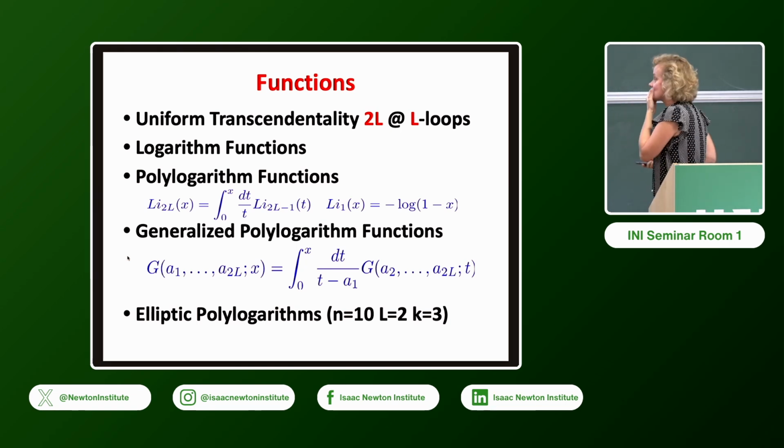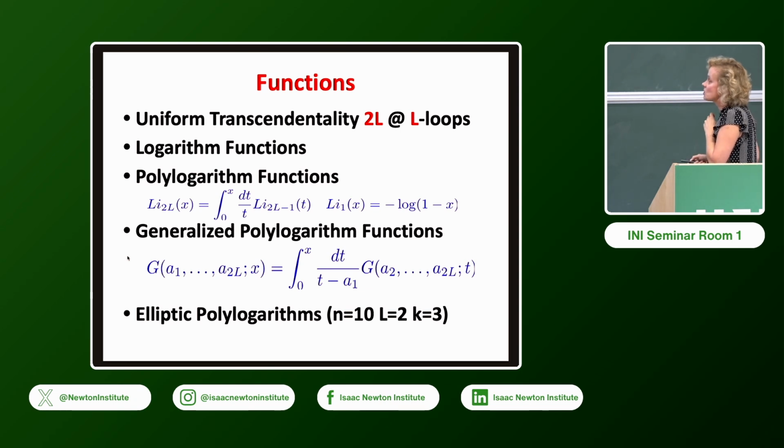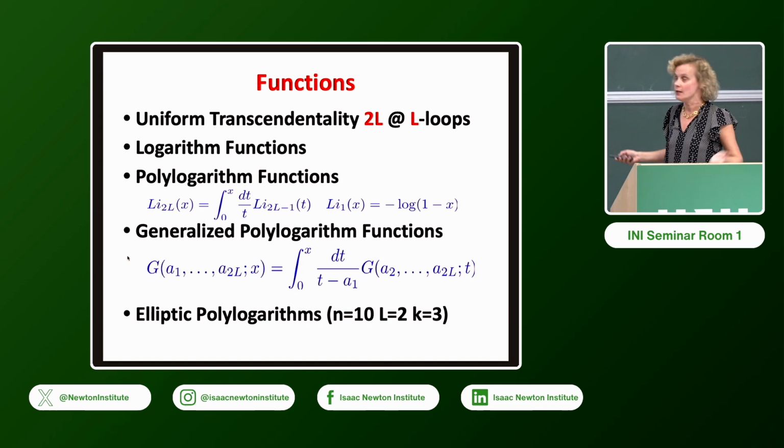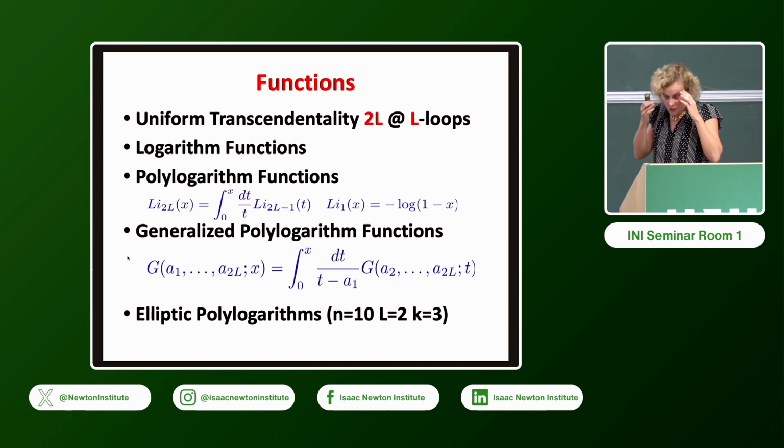This would be a subject by itself. But these elliptic polylogs are absolutely crucial for anything. Anytime you need to do an integral in QCD, those appear. So I was just amazed and impressed at how this field grew. So these are the types of functions that appear.